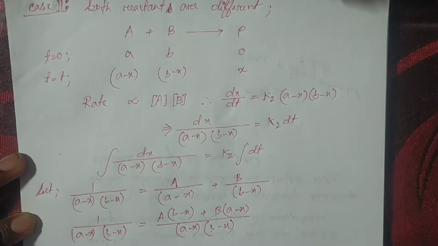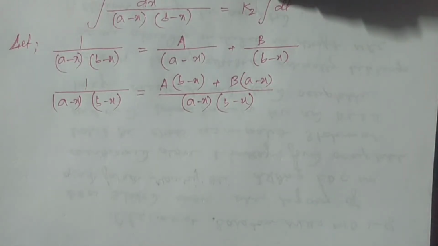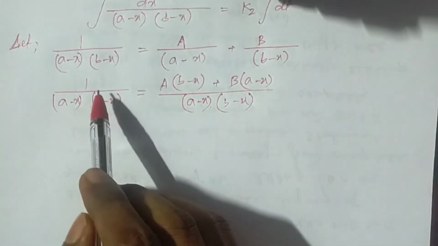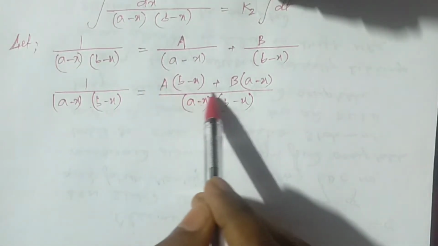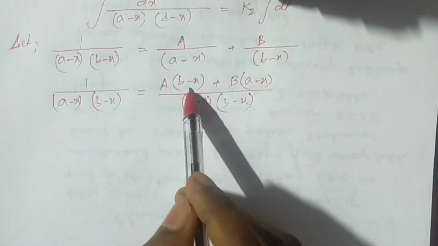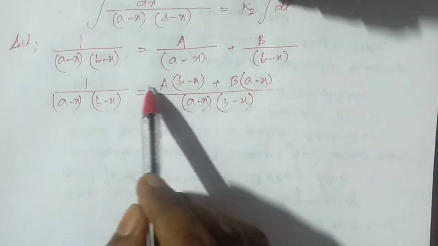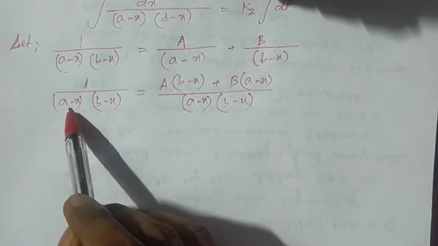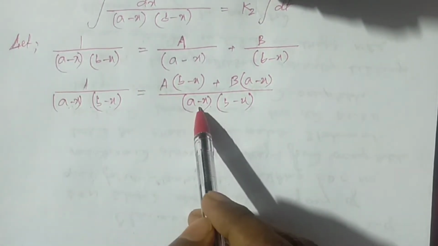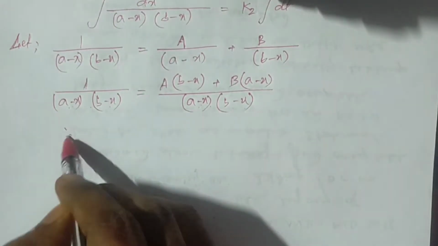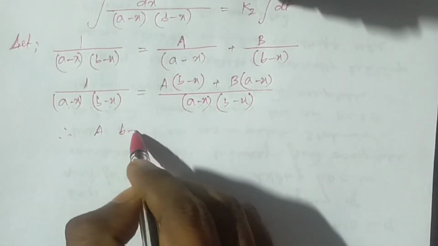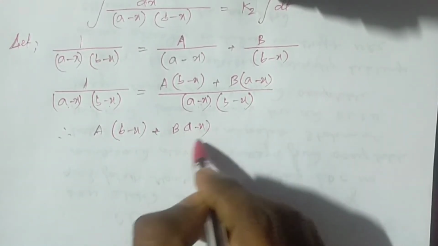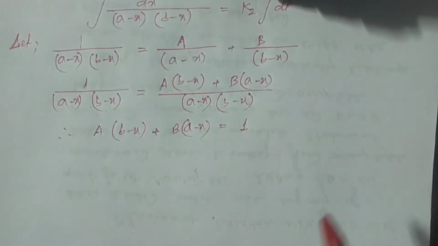Okay, so we can say that these two parts are the same, so we can write the upper part, this A(b minus x) plus B(a minus x) will be equal to 1. As here it is (a minus x)(b minus x), so we can write A(b minus x) plus B(a minus x) will be equal to 1.